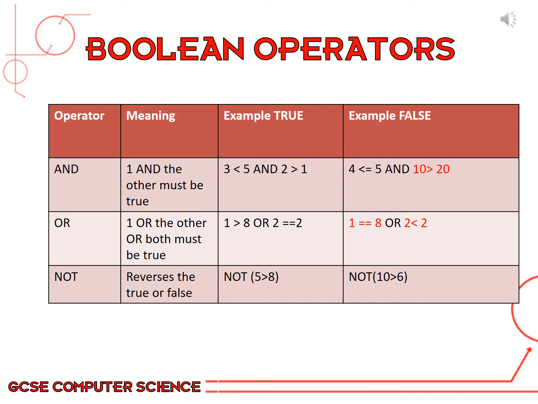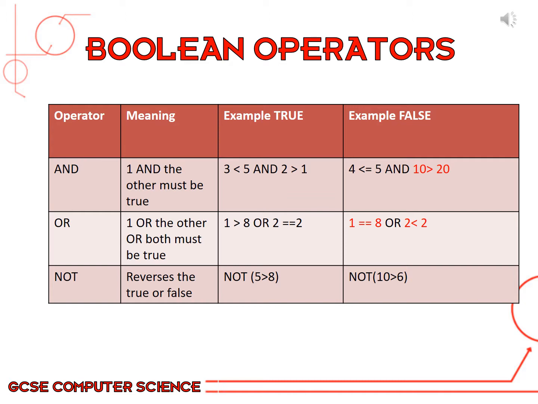So because both of those cases are true, your overall output will be true. False, 4 is less than or equal to 5 is actually correct. However, 10 is not greater than 20. So therefore one is true and the other one isn't. So the final overall output would be false.